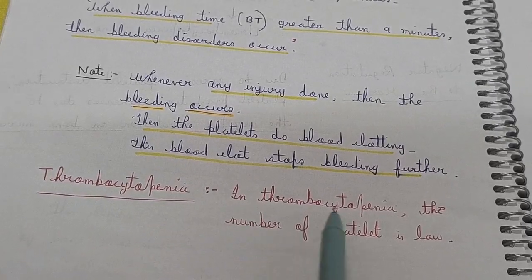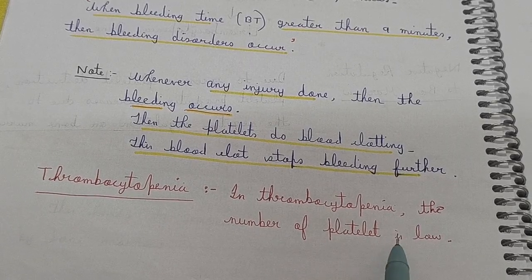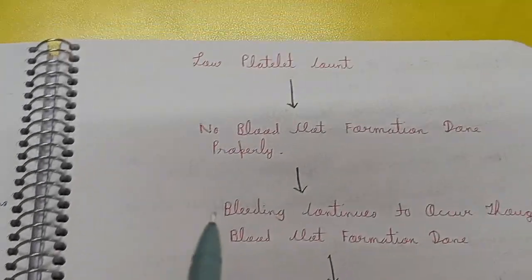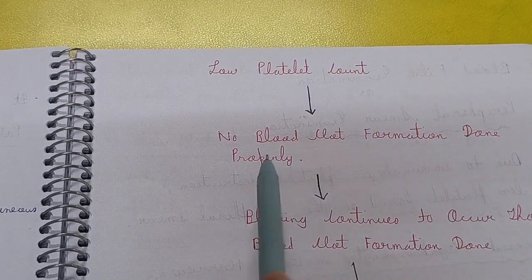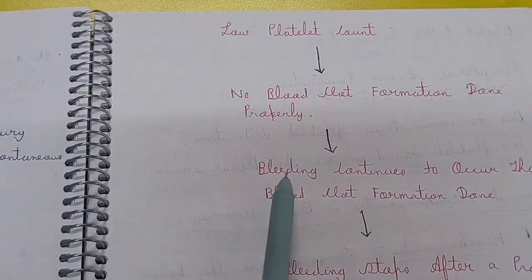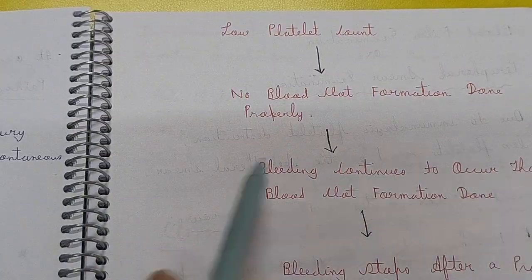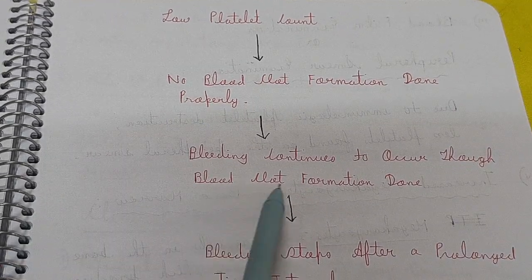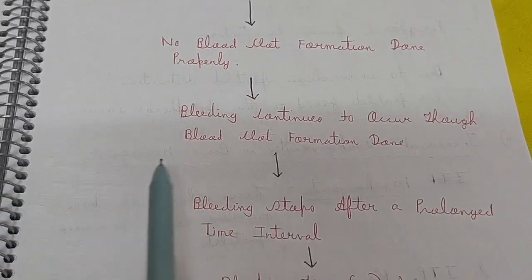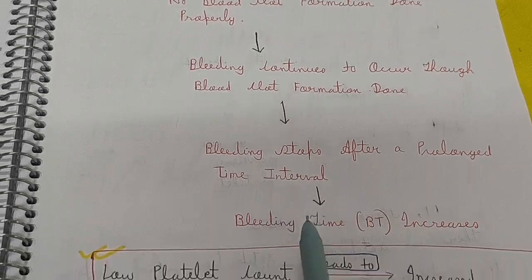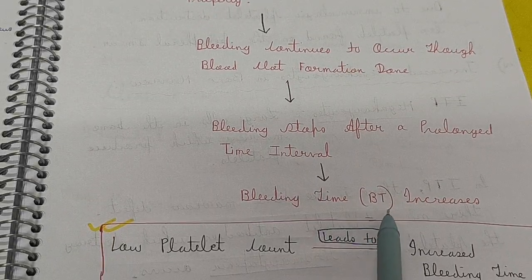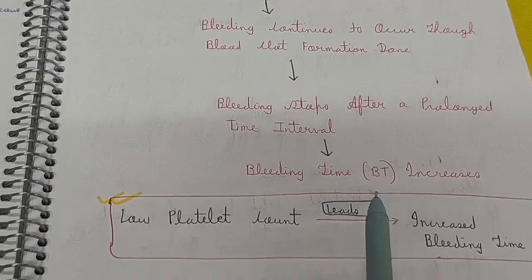As you know, in thrombocytopenia the number of platelets is low, so due to the low platelet count, blood clot formation is not done properly. Therefore bleeding continues to occur, and bleeding stops only after a prolonged time interval. So bleeding time increases.